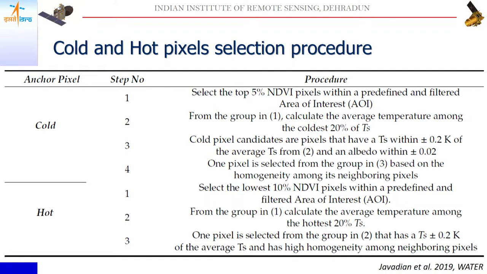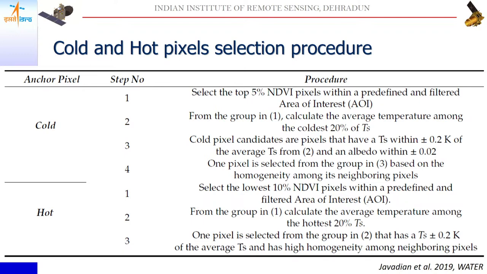For the cold and hot pixel, basically the anchor pixels, we have to determine them based on the NDVI as well as the LST data sets. As for NDVI, you can say top of the NDVI and bottom of the NDVI, meaning highest NDVI. The top 5% of NDVI is used for the cold pixel, and the bottom 10% of NDVI is used for the hot pixel.